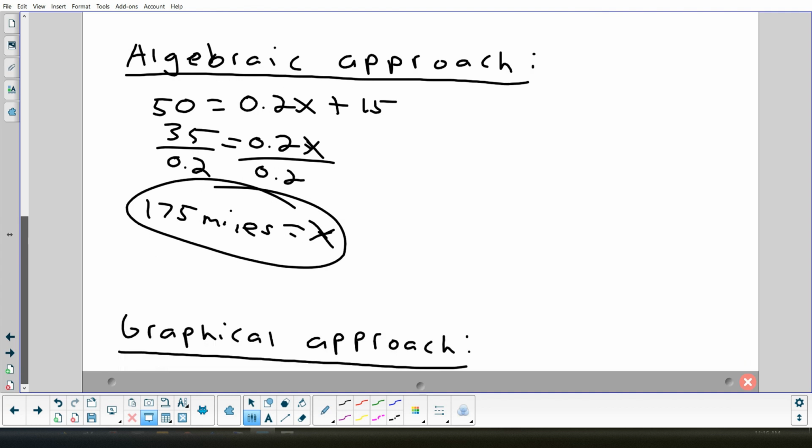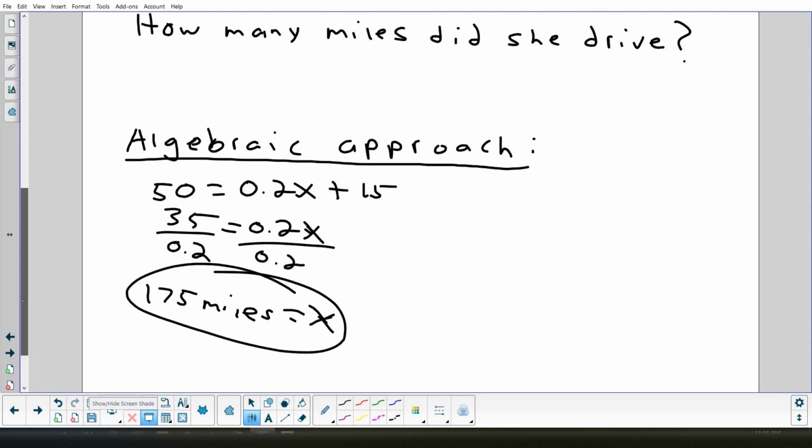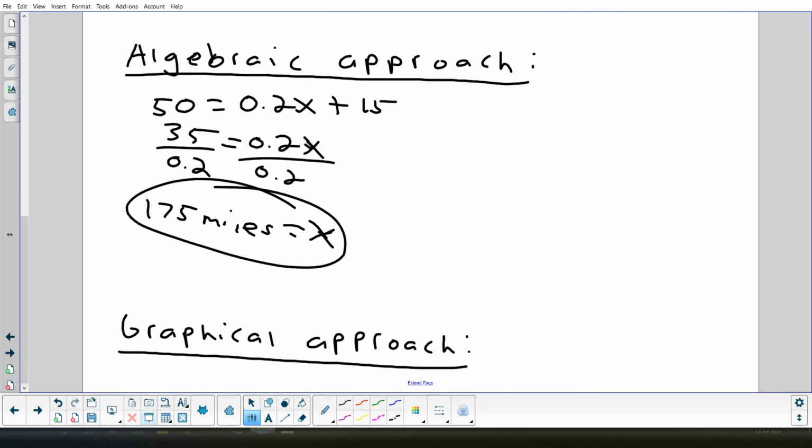Okay, let's look at how we could do it on the graphing calculator, because I'm going to show you something you probably haven't done unless you've used graphing calculators. I have 50 on one side of the equation, 0.2x plus 15 on the other.